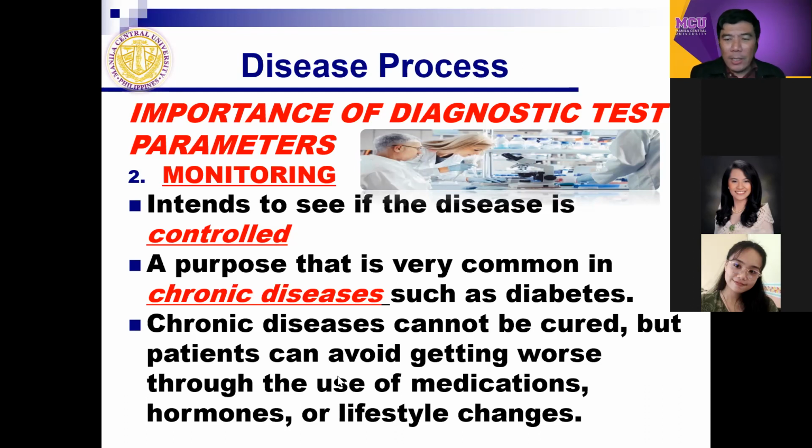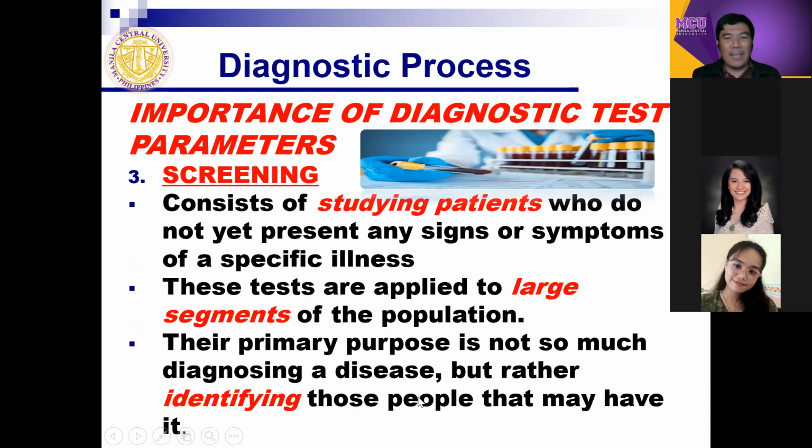Next, other than the monitoring, is the importance related to screening. When it comes to screening, there are signs and symptoms that we are not familiar with. Before, during the pre-pandemic, when signs and symptoms of difficulty of breathing happened, we just suspected that the person only had flu or an upper respiratory tract infection.